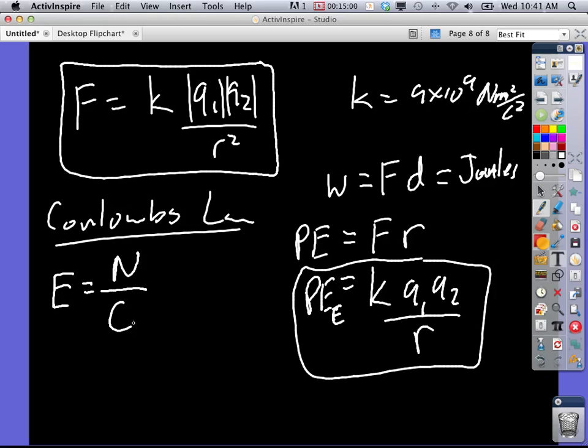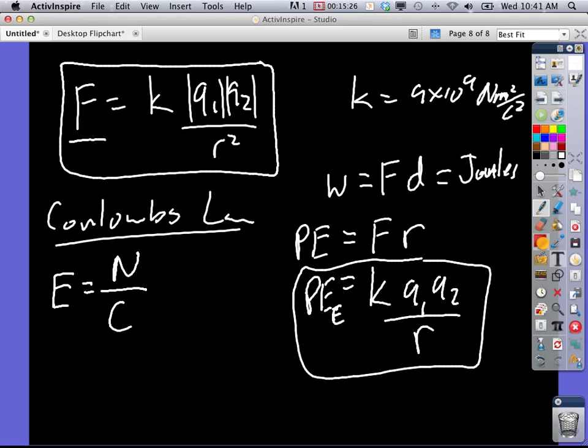what up here is in the unit of newtons? Is work in newtons? No. Is potential energy in newtons? No. Is K in newtons? Well, there is a newton in it, but it's got meter squared per coulomb squared, so it's not this.